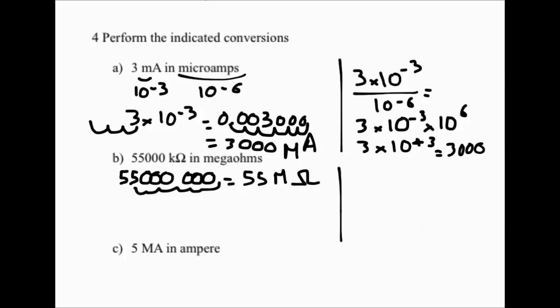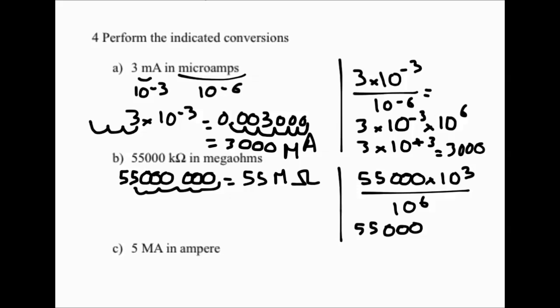Using the other method, 55,000. Kilo is 10 to the power of 3. Divide by what you want, it's mega, which is 10 to the power of 6. Okay? That works out 55,000, 10 to the power of 3, multiplied by 10 minus 6.